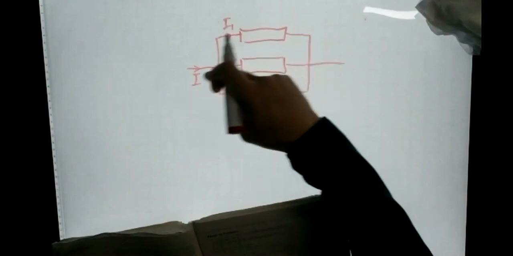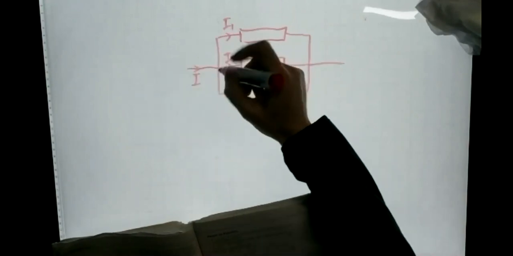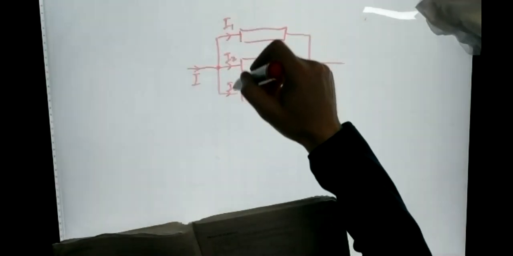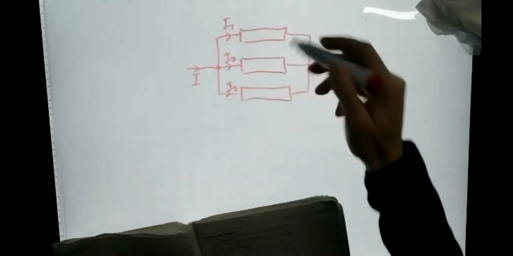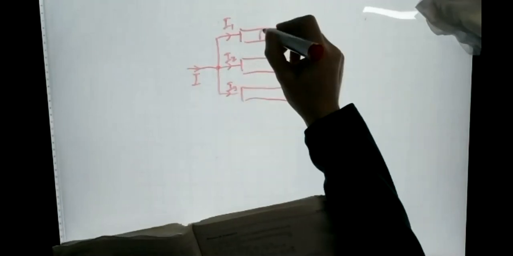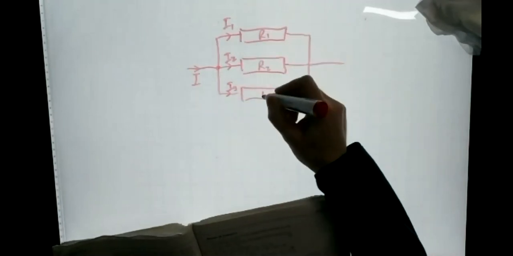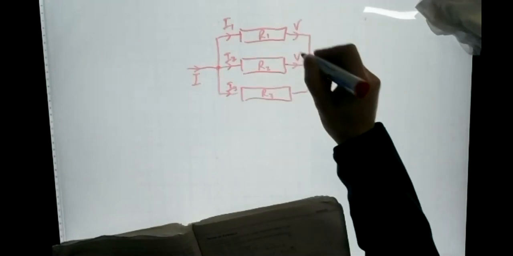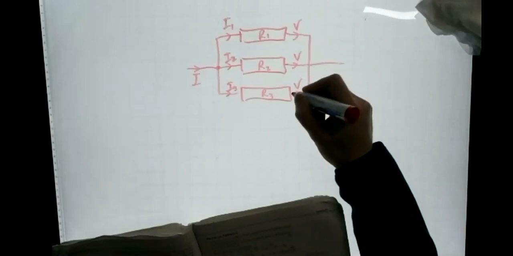So the current flowing into the junction equals the sum of the currents flowing out of the junction. Obviously the voltage is the same across all of them because this is parallel.